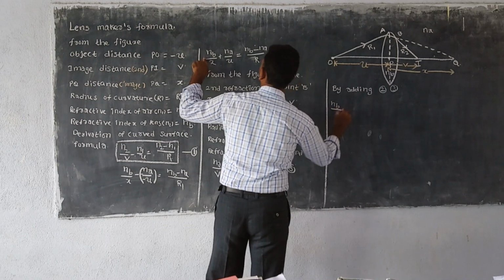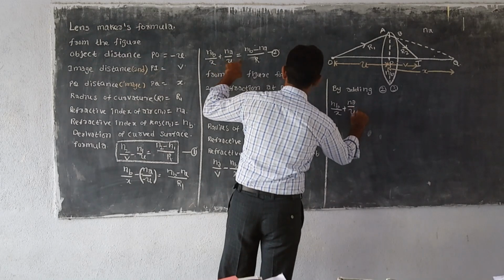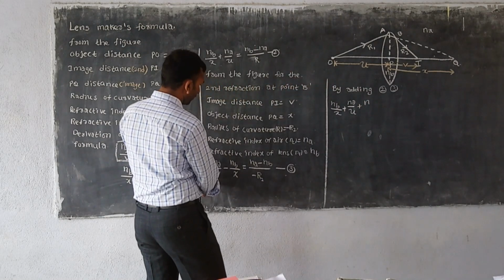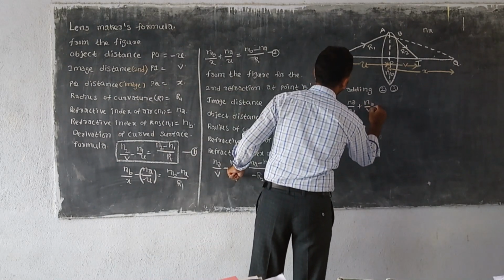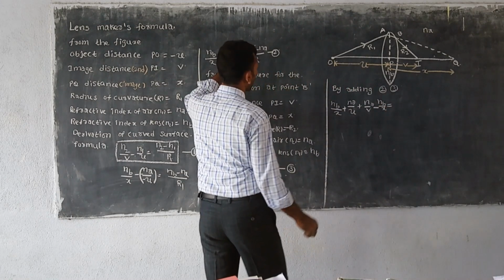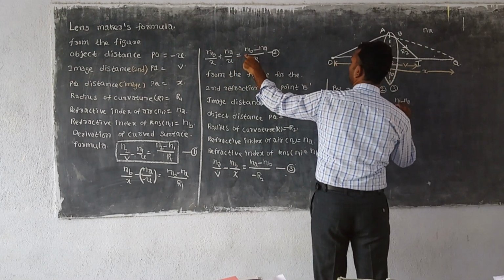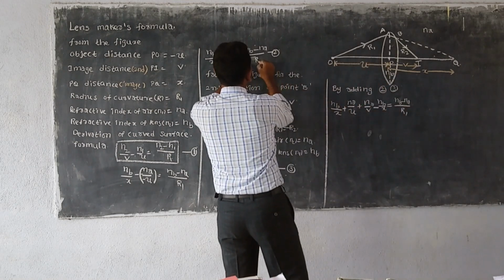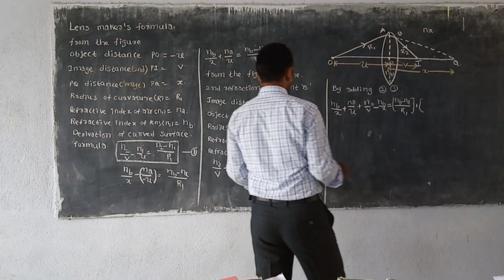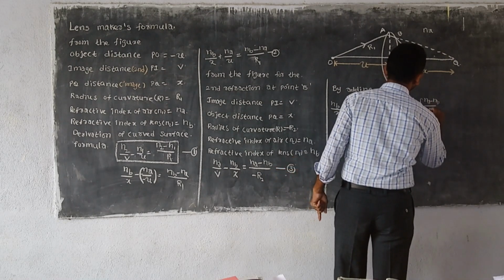NB by x plus NA by U, and here equation 3, NA by V minus NB by x equals NB minus NA by R1, sorry, this one R1, plus NA minus NB by minus R2.